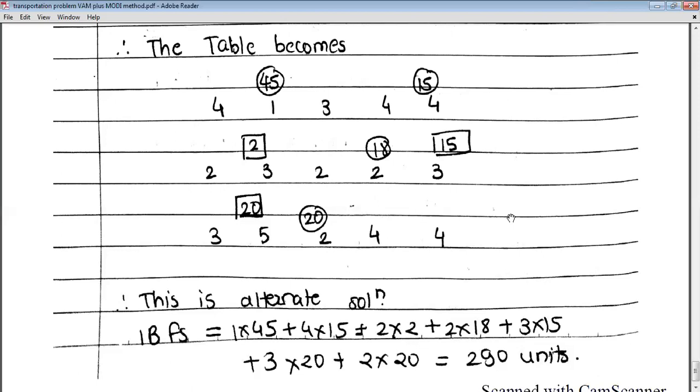You have to subtract that least value at the negative signs and add that value at the positive signs. You will get the reallocated table, and still you have to see whether the solution is optimal or not, and you have to continue this till you get the optimal solution. Okay, so these are the steps to solve the problem using the MODI method.